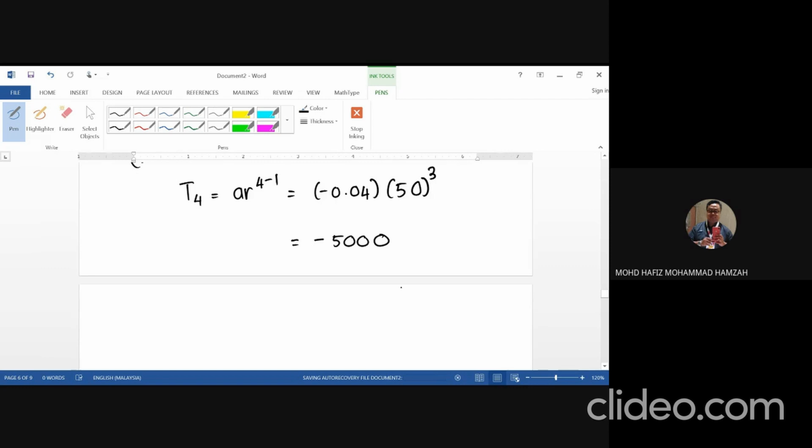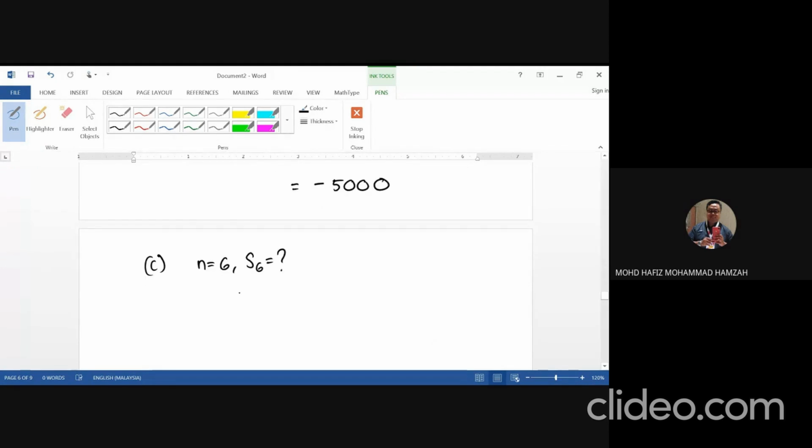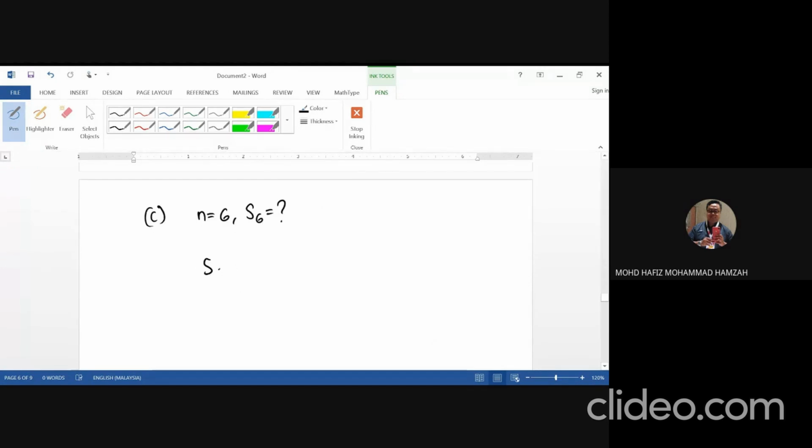Okay, and then soalan yang terakhir, C, sum of the first 6 terms. So N dia adalah 6, so dia minta you cari S6. Okay, we know that R is equal to 50, so R dia greater than 1 lah. So S6 equal to A, negative 0.04, and then R to the power of N minus 1 over R minus 1.